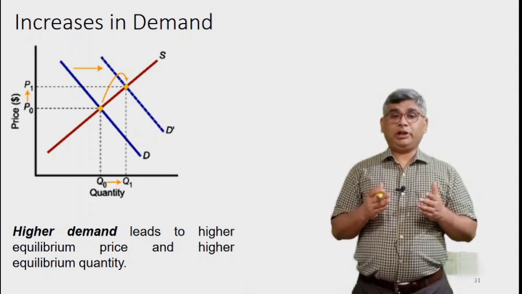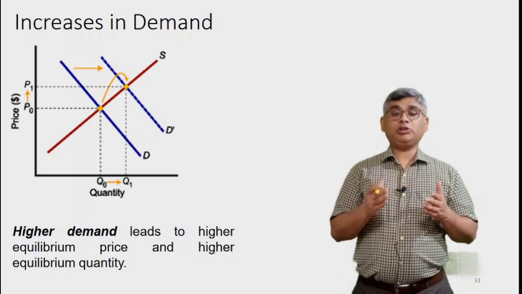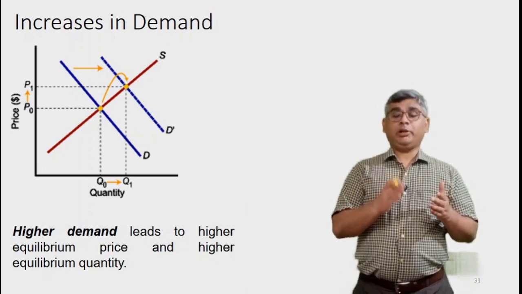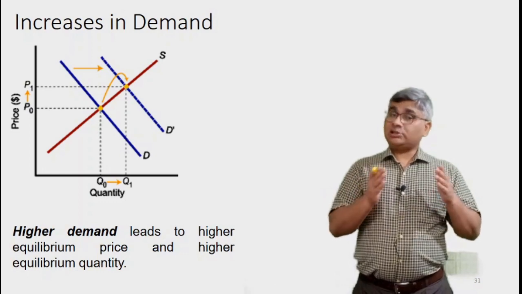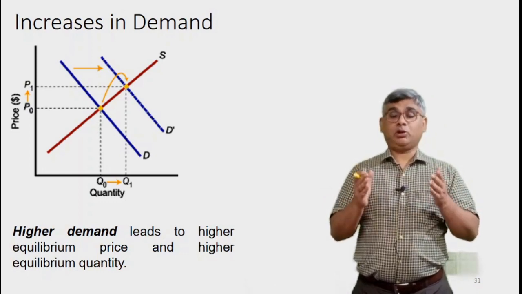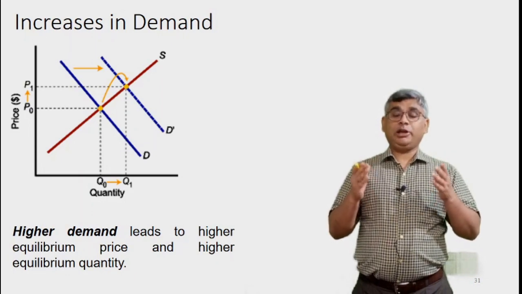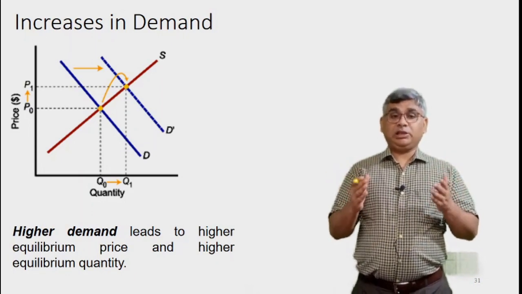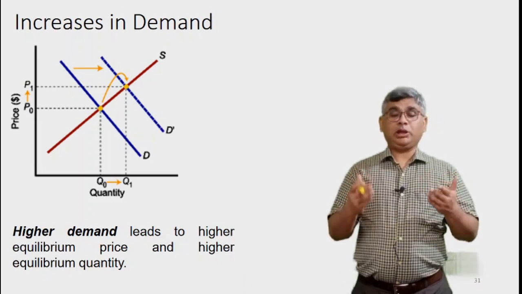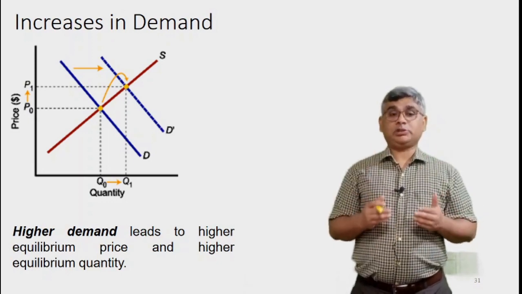Now if the demand is increased, this is shown by the movement of the demand curve towards the right, while the supply remains the same. The law of supply and demand simply states that in this situation the price will increase, and this is quite obvious from this diagram.